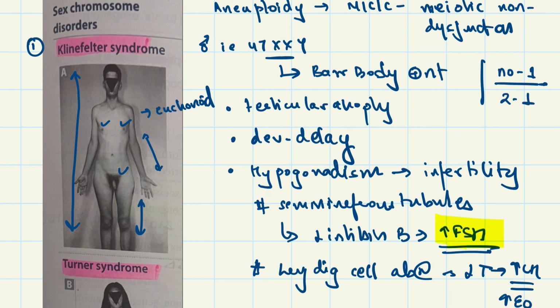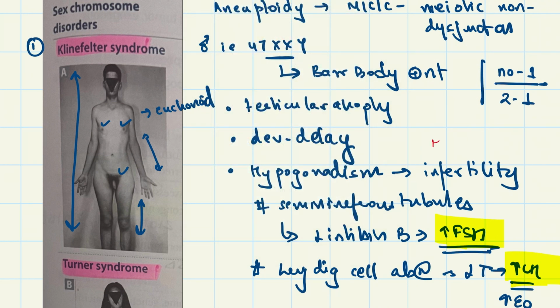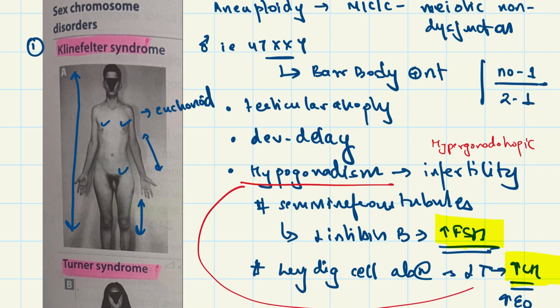So the hormone profile would be increased FSH, increased LH, that is hypergonadotropic hypogonadism, because the testosterone is decreased.